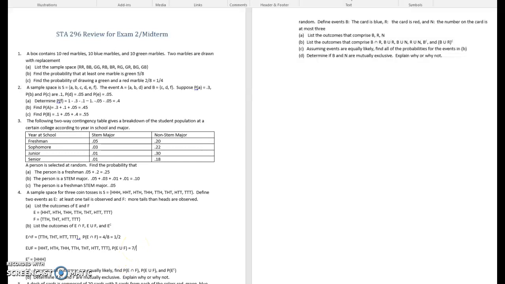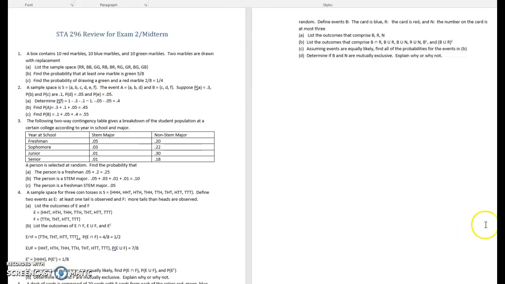So this is 7 out of 8. And then last of all, the probability of the complement. Well, we've only got 1 outcome in the complement out of our total sample space of 8. So that is 1 out of 8. All right, so we've answered C.